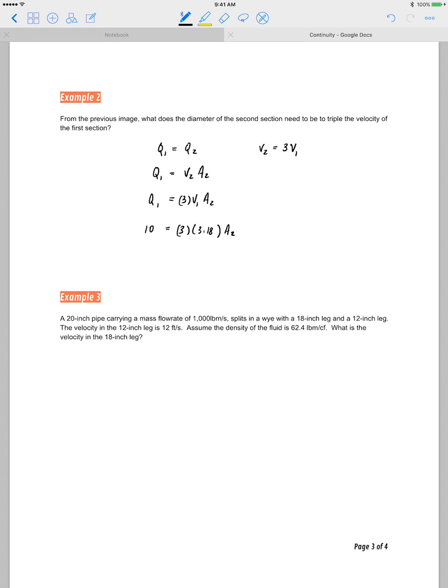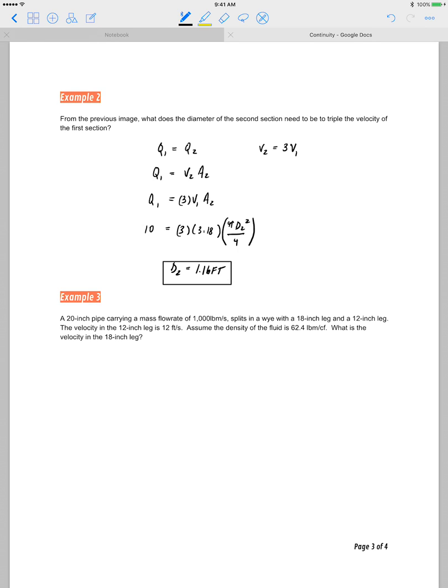Well, actually, we can scratch that. If we take it one step farther at this moment, we can call that A2 pi d2 squared over 4, and we can solve directly for diameter. In this case, d2 is going to be equal to 1.16 feet. And we'll put a box around that.